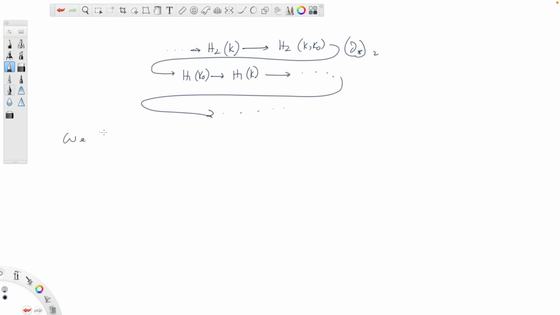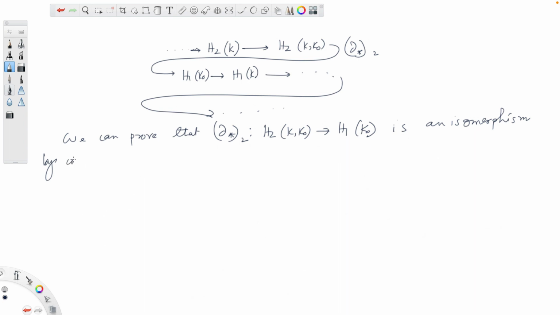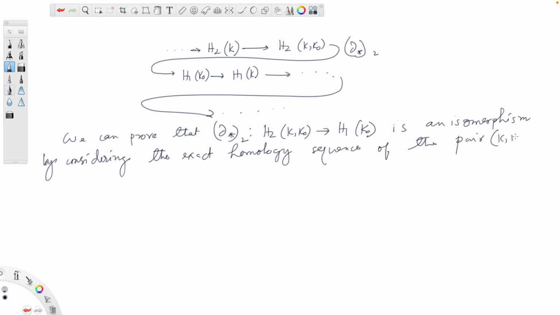We can prove that del star 2, from H2 of K comma K0 to H1 of K0, is an isomorphism by considering the exact homology sequence of the pair K comma K0.